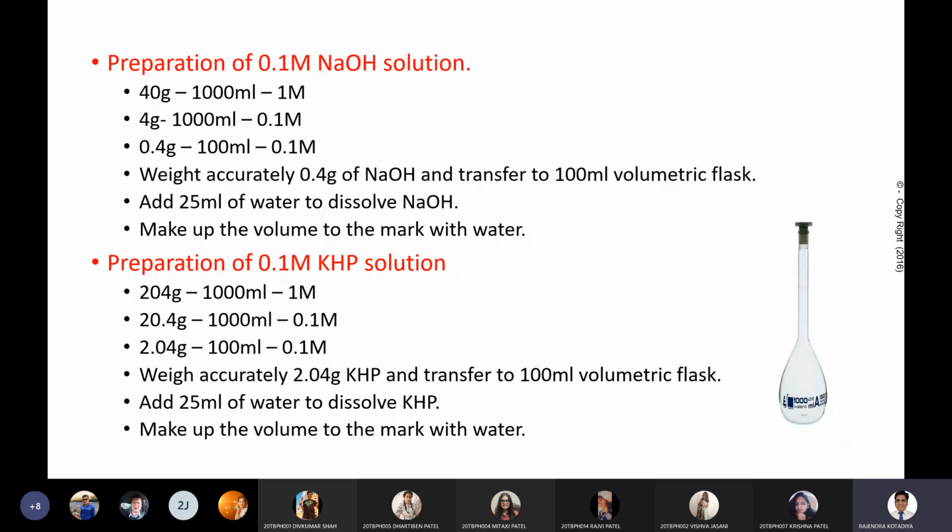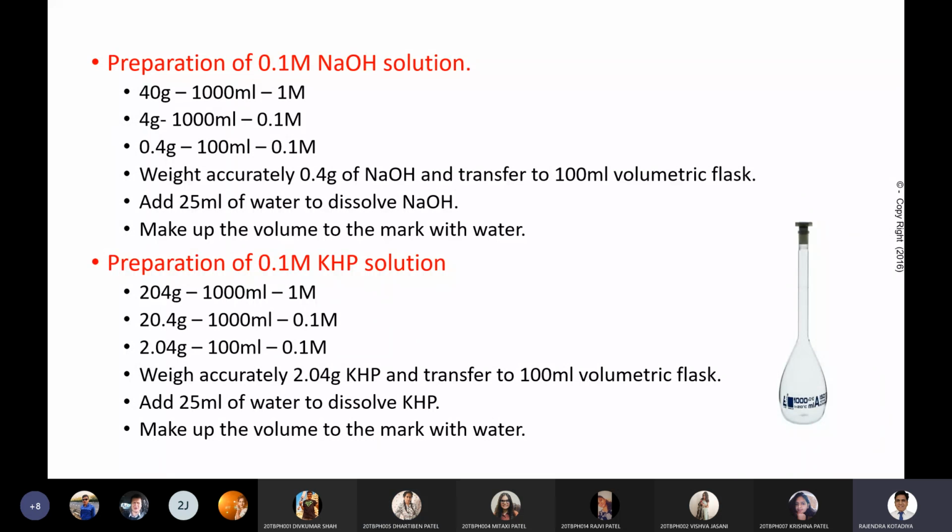So in this particular case, 0.1 molar NaOH solution is our secondary standard solution, and 0.1 molar KHP is our primary standard solution. Hope this makes some sense. Fine.